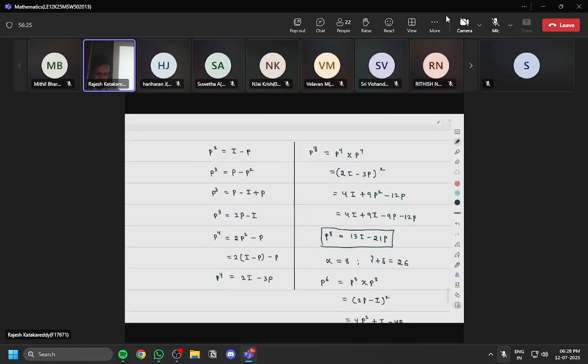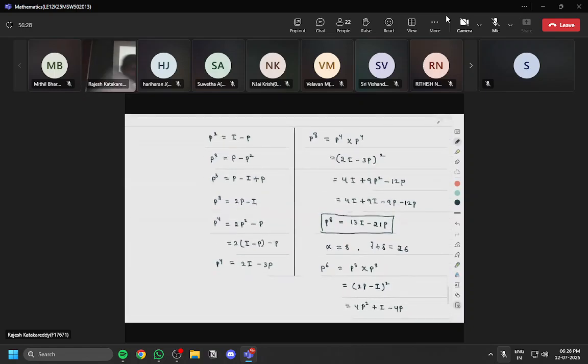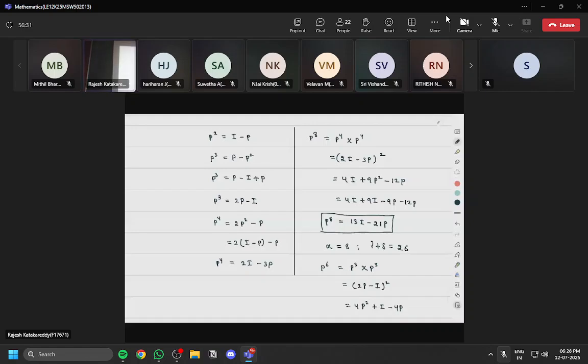Alpha beta also. What is P power 4 minus P power 4?